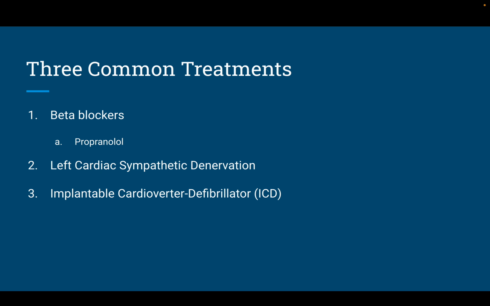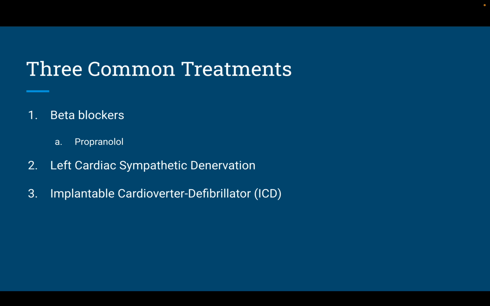You're not going to increase your heart rate, have that stress, and make it more likely for you to go into torsades, essentially. You're not curing prolonged QT syndrome by getting that surgery, the denervation, but you're making it less likely that this is going to happen.